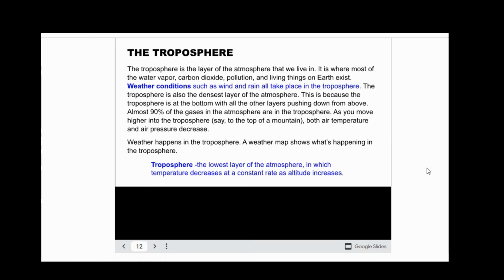It's called altitude sickness, and it's because the air pressure is so much less up there that their body feels like they're not getting enough air. So think about why the troposphere is important to us, and be able to discuss that.